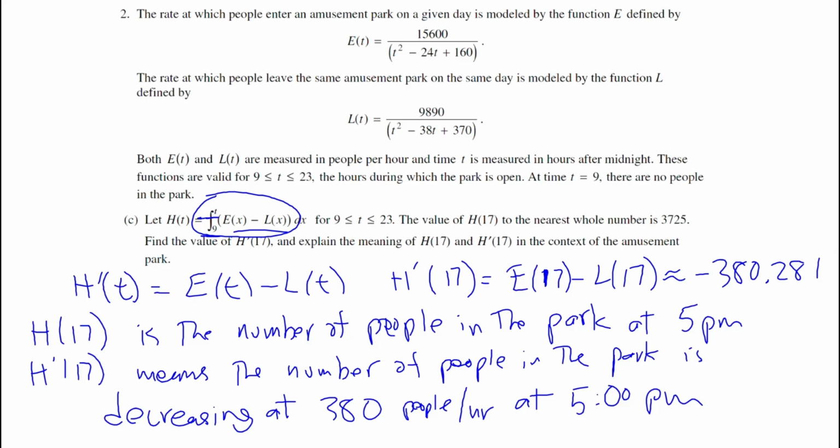They gave you 1 point for just getting this value here and 1 point for each of the explanations.